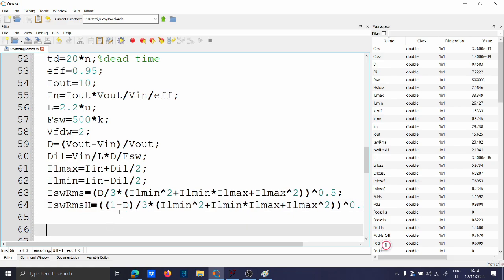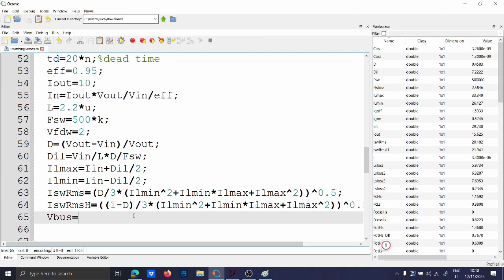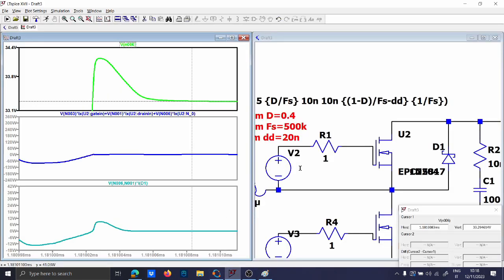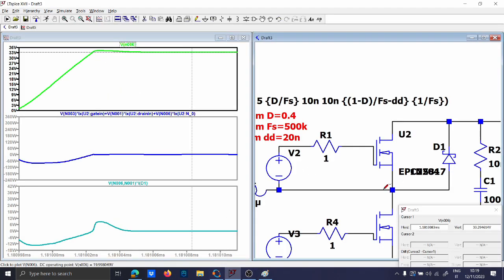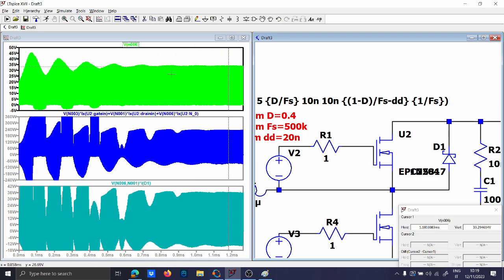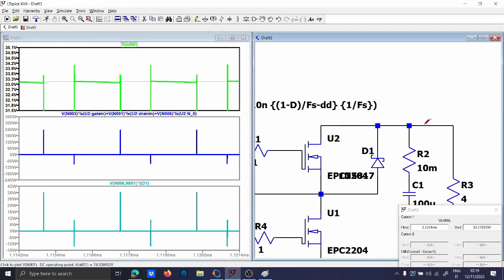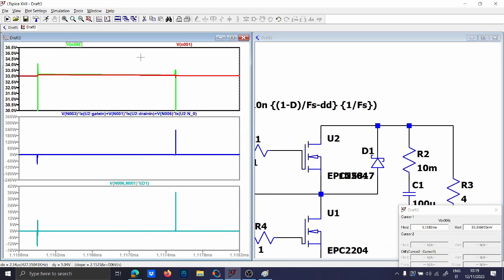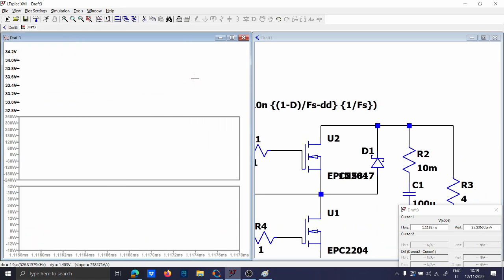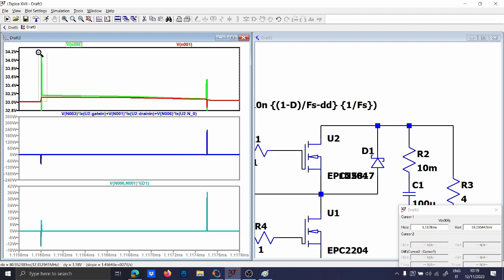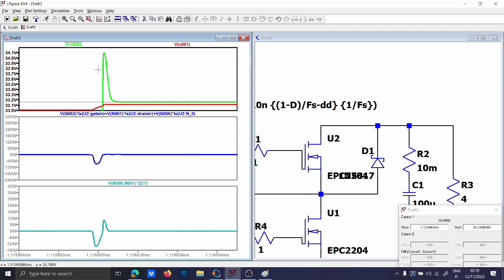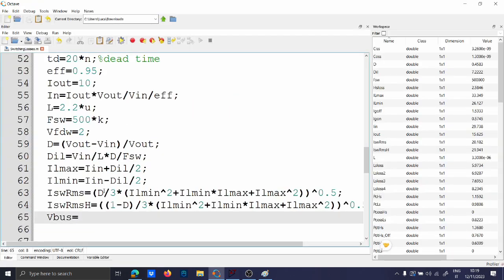And the bus voltage, V bus, which is the maximum blocking voltage of this device here, is not just the output voltage as it should be, because you see, it is the output voltage, but you also have to consider the forward voltage of the diode here, which is consistent. So we can't neglect this.